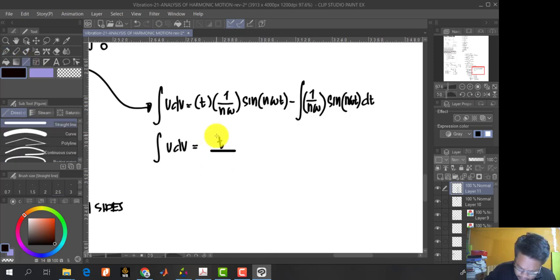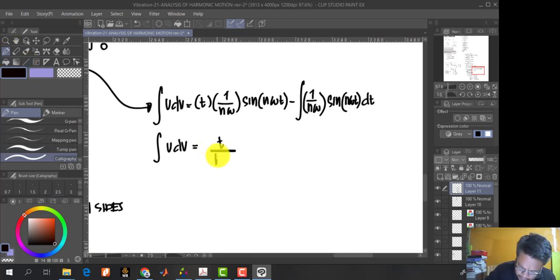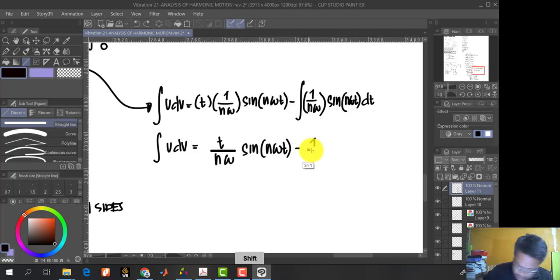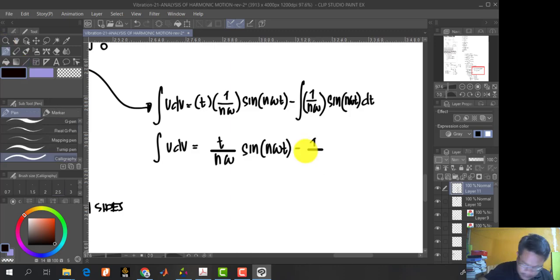So this is all over n angular velocity, and we have here multiplied by sine of n angular velocity times time. And from here, we can take out the 1 over n angular velocity, since this is a constant. So that will be 1 all over n angular velocity.